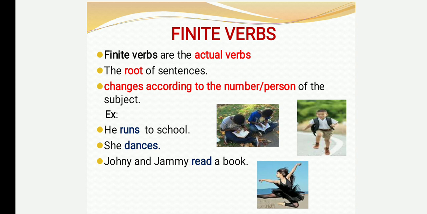And let us see the third example, Johnny and Jamie. Here it is speaking about the two boys, so it is plural. So the verb takes its root form, read.